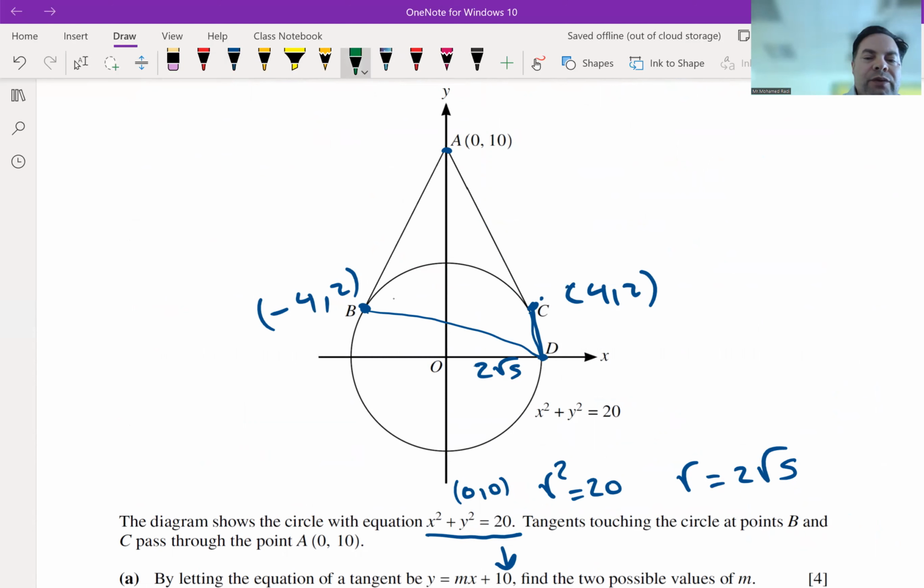First, if you use trigonometry to find the measure of this angle, the tangent and the radius meet at 90 degrees. We can get the measure of this angle from the right-angled triangle OBOA, where this side is 10 and this side is 2 root 5.